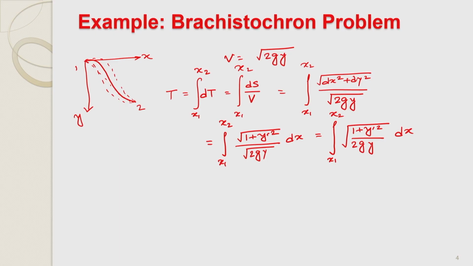We want to find a path for which it takes the minimum time. So, we want to find y(x) such that it minimizes over y this functional T.